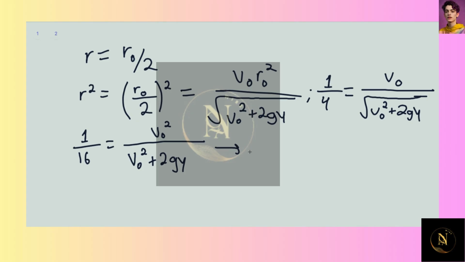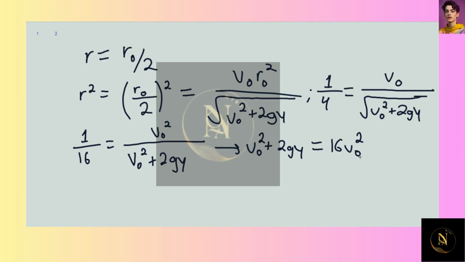This means the initial velocity squared plus 2gy is equal to 16 times the initial velocity squared. And at this point, we solve for y.